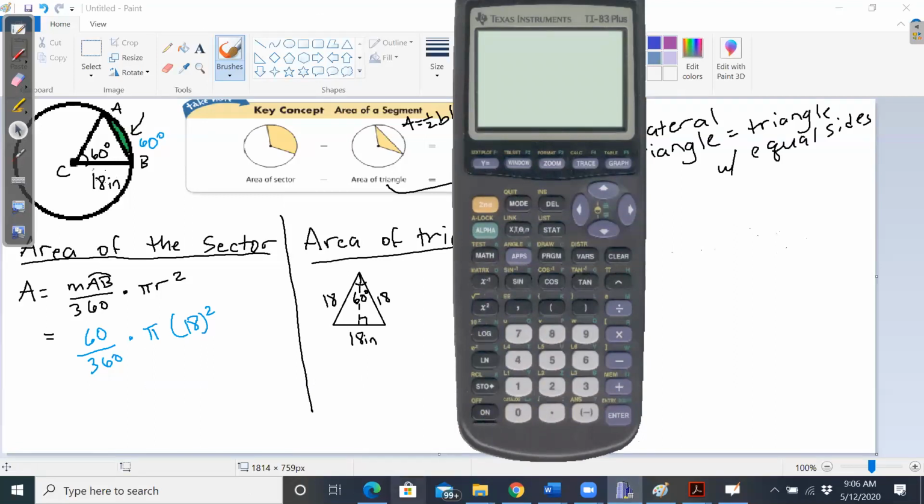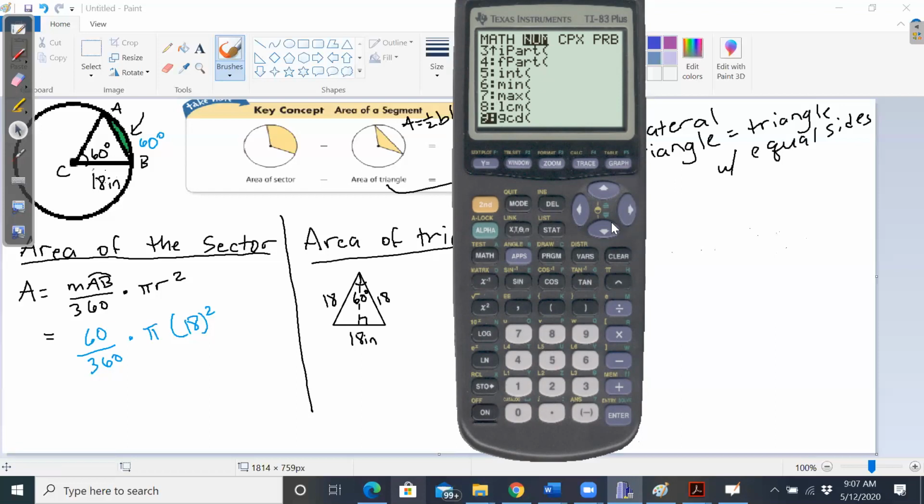Now let's say, for example, I'm trying to find the greatest common factor between 60 and 360. We could think about the multiples, but if you have a scientific calculator or a graphing calculator like this, you can press math.